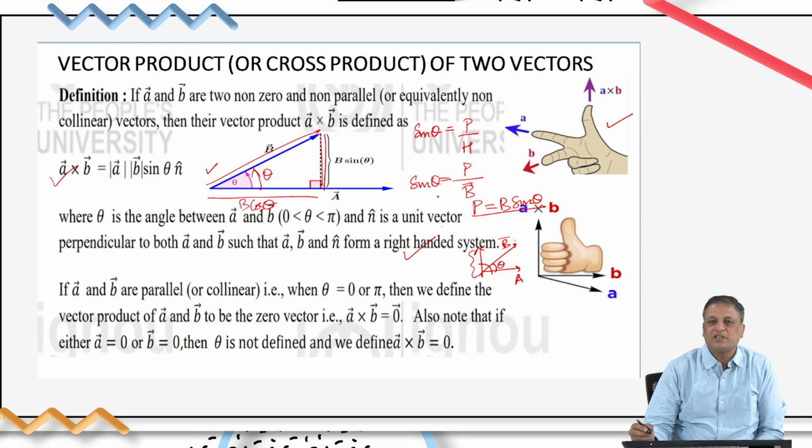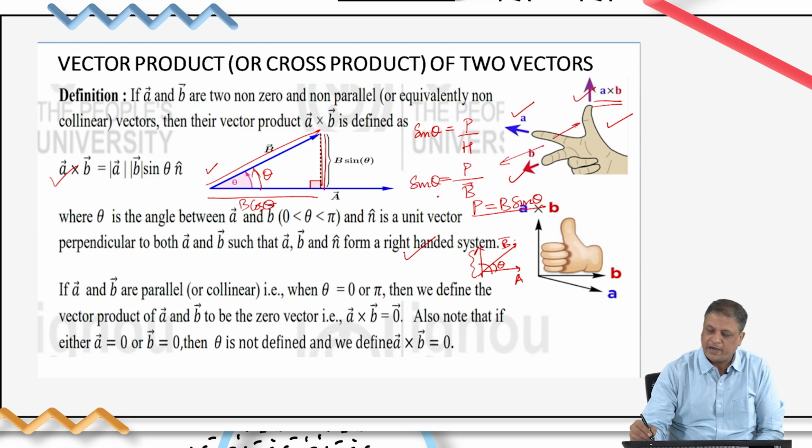In the right-handed system, we assume that the middle finger represents vector B and the index finger represents A, then the thumb stretching in the manner shown gives the direction of the vector A cross B. And if I reverse the direction of vector B from this side to this side, then the direction of A cross B turns downward.